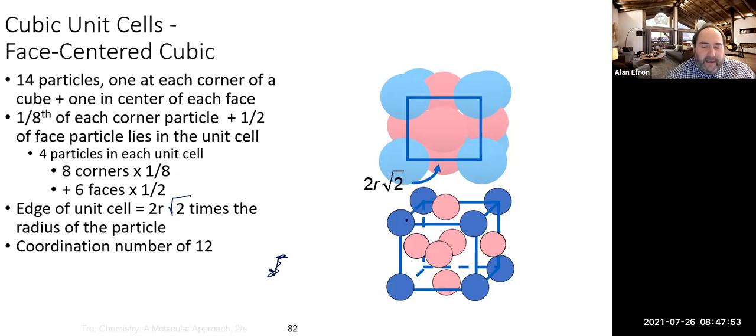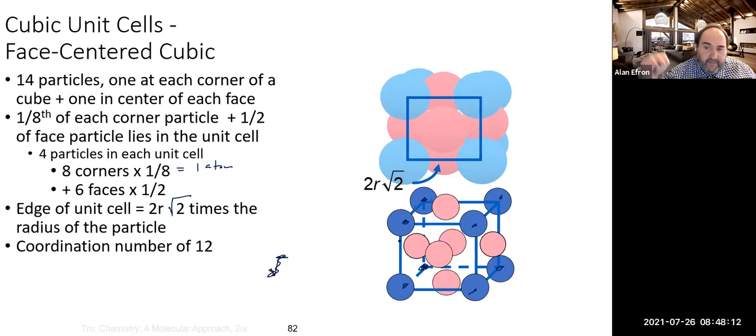All right, so again, we have our 1/8, 2/8, 3/8, 4/8, 5/8, 6/8, 7/8, and 8/8, giving us 1 atom present. Each of these pink guys are actually on the face of a cube, and there are 6 different faces to a cube, right?